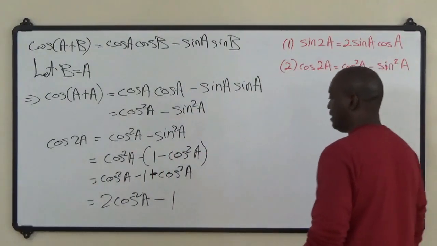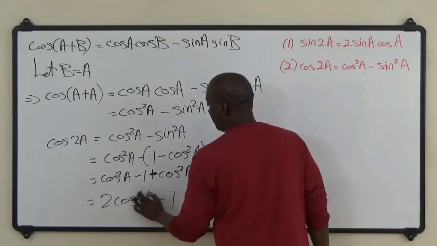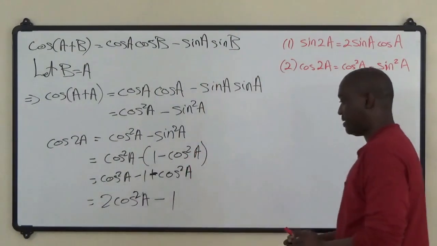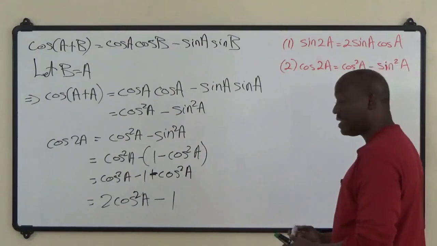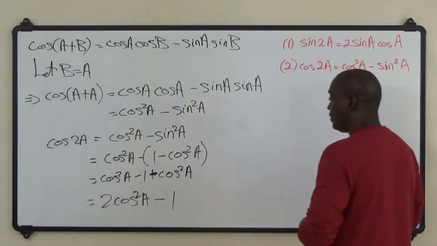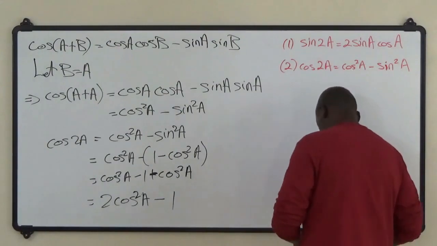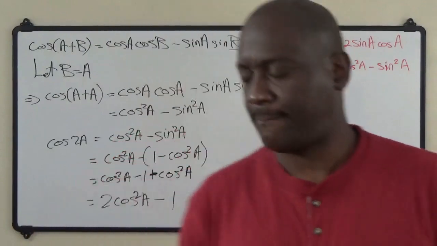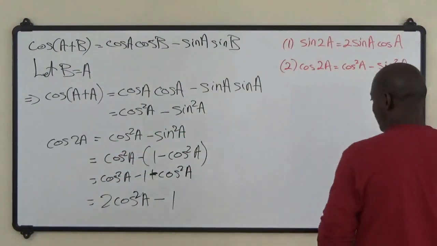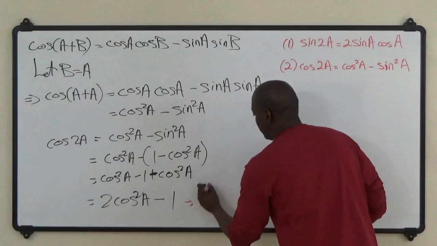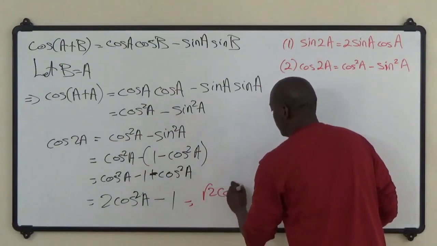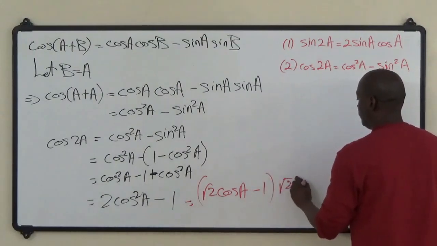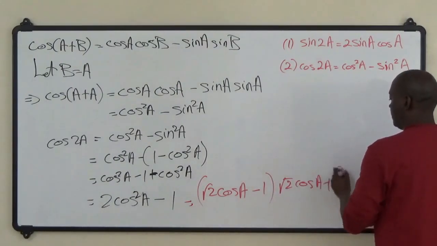All right? And if you want to be absolutely facetious, we could express this 2 as a difference of two squares utilizing surds. We could say, for the sake of argument, that 2 cos squared a minus 1 is the same thing as root 2 cos a minus 1 into root 2 cos a plus 1.